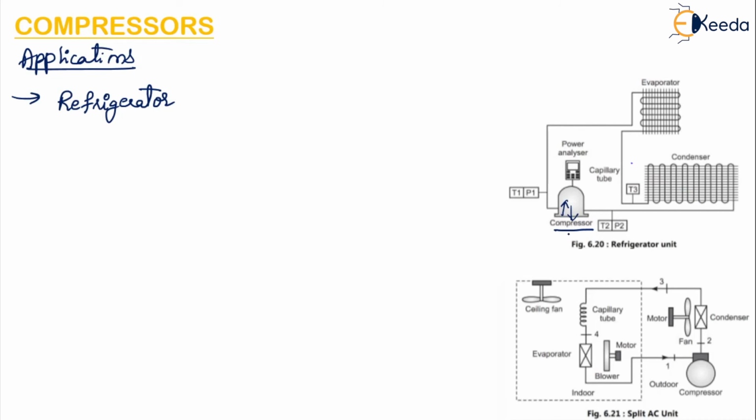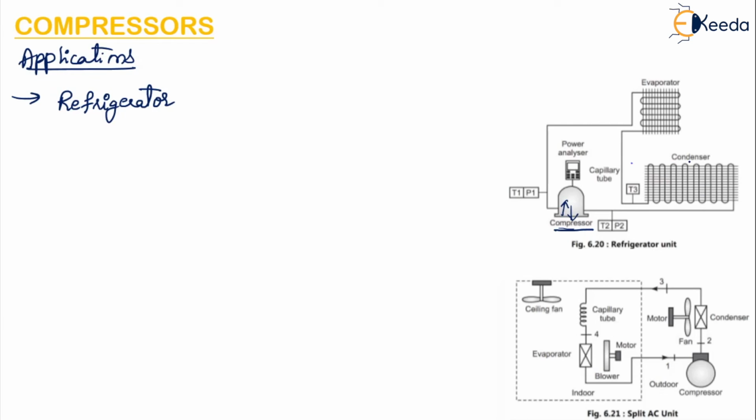So what the compressor is doing, it is converting the refrigerant of low pressure into very high pressure. Then it is sent to the condenser where it will convert the high pressure refrigerant into liquid droplets.